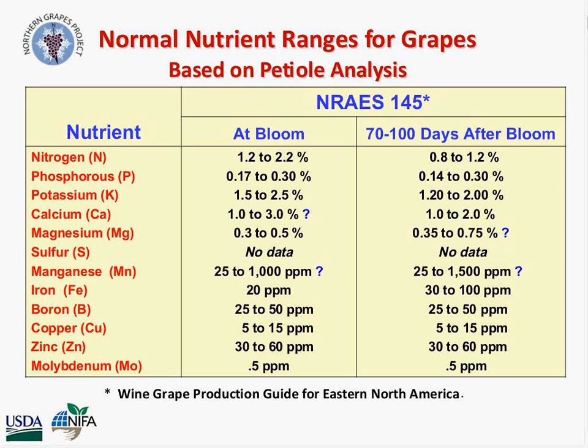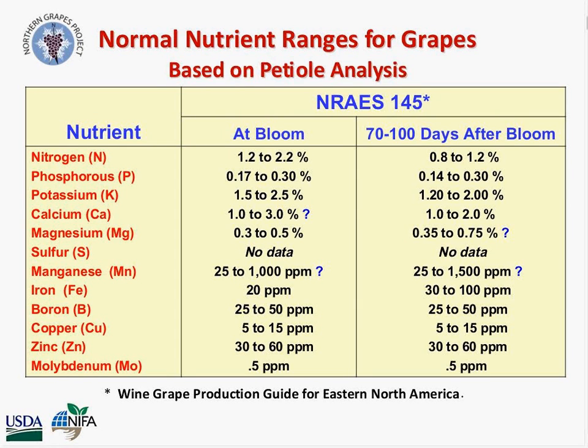And magnesium, I'm in a situation where we run into excessive magnesium in our soils, and I've seen at 0.75% an inhibition of potassium uptake at that level. And of course, manganese, I know that eastern soils are higher, or more acid, so they have high levels, but that seems kind of high to me, the high end.